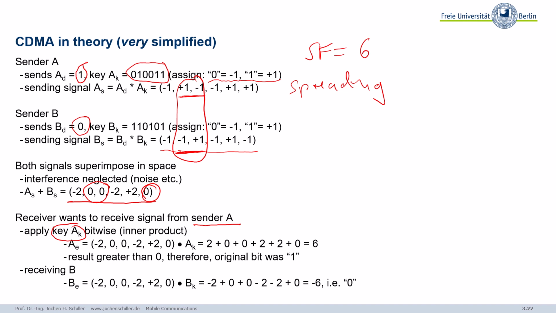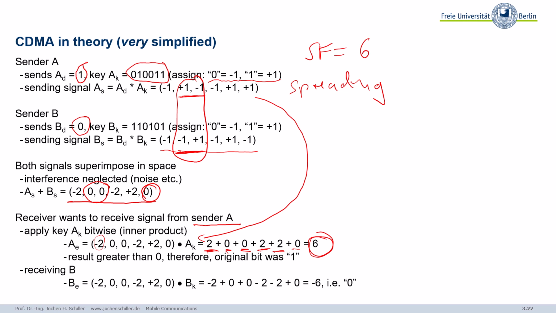Inner product, so you take each component: -2 times the key's -1 equals +2. 0 times whatever equals 0, 0 times whatever equals 0, then -2 times -1 is +2, then again +2, plus 0. The result is 6.